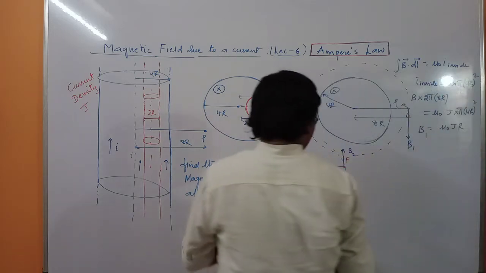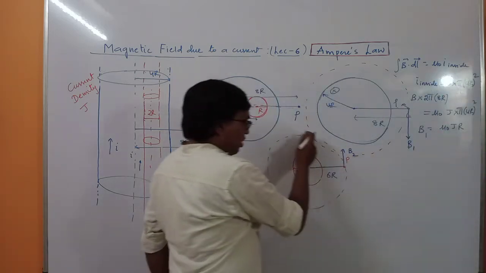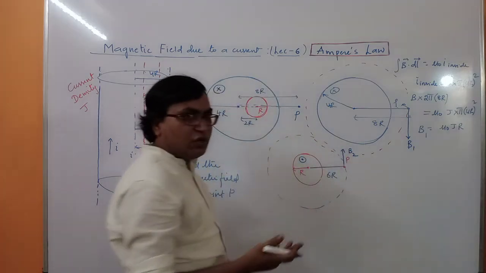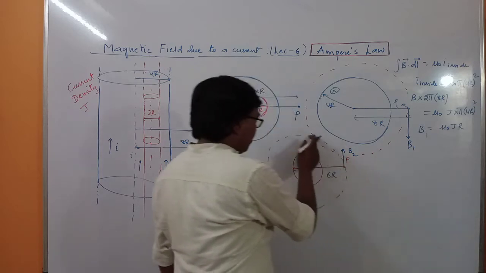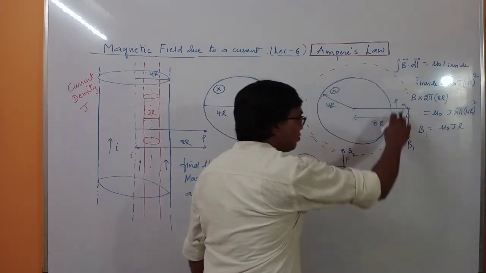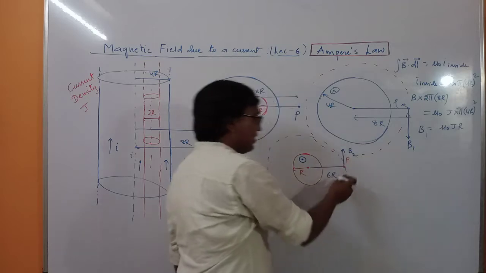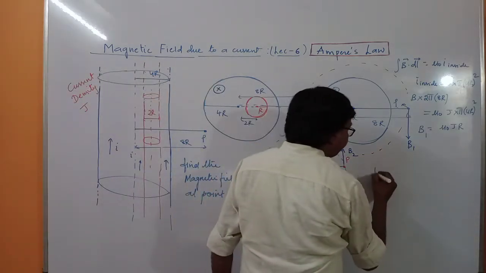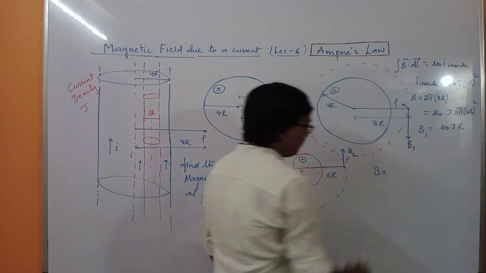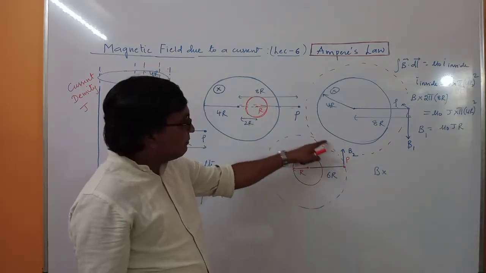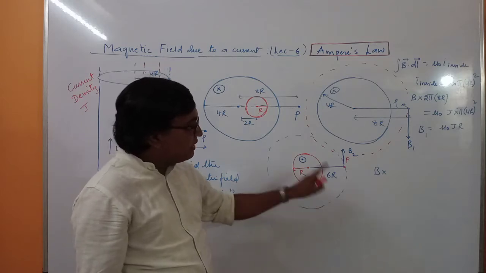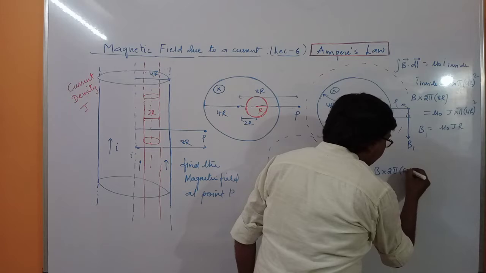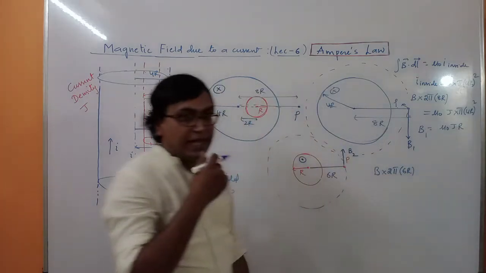It is constant everywhere on this loop, and again cos 0 is 1. We are traveling this loop along the direction of the magnetic field. So B into dl, where dl is the length of this Ampere loop, which is 2 pi times 6r.